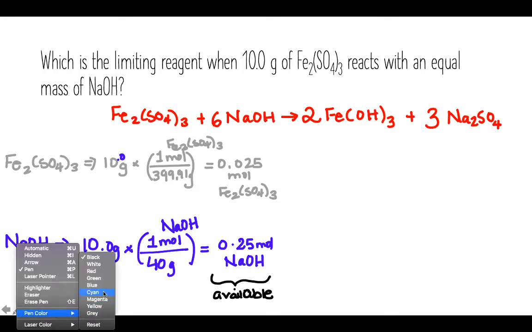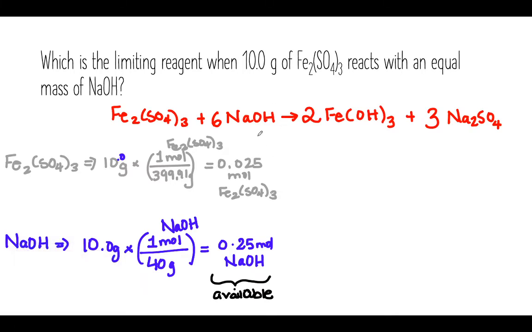Now, unlike the other example, what I'm going to do is use the mole ratio between the reactants. Okay, so I'm going to compare these two to each other. So instead of using the mole ratio to the product, I'm going to use the mole ratio to find how many moles of NaOH is going to be used up in this particular reaction if I have this many moles of Fe2SO4.